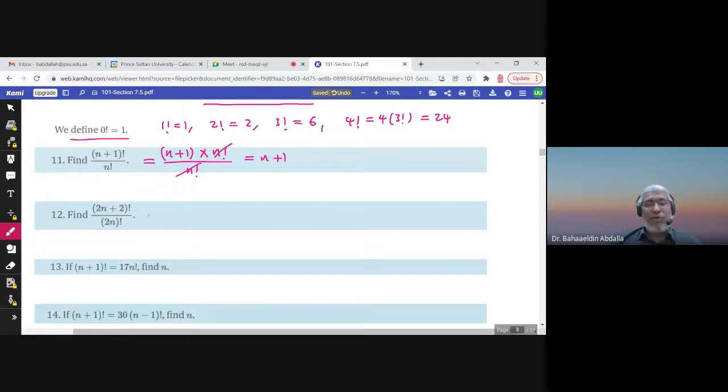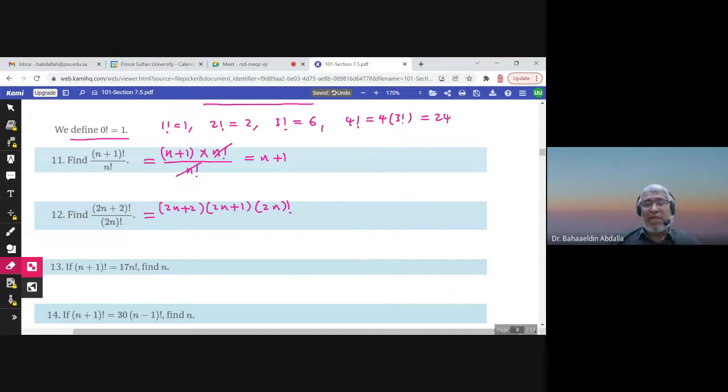What about this one? Well, 2n plus 2 factorial is 2n plus 2. Subtract 1, 2n plus 1. Subtract 1, 2n. Subtract 1, 2n minus 1. Subtract 1, 2n minus 2, and so on. At any time, you can stop and put factorial. But I'll stop here and put factorial here. And why is that?